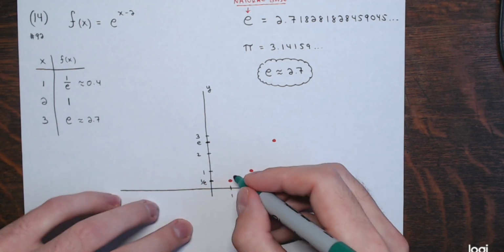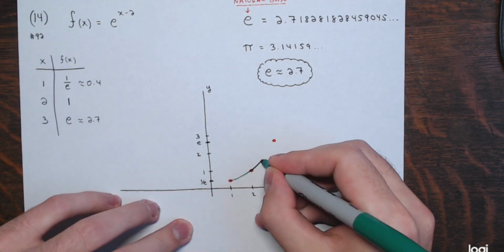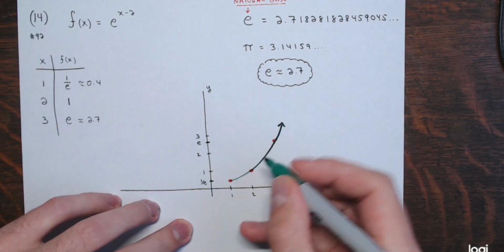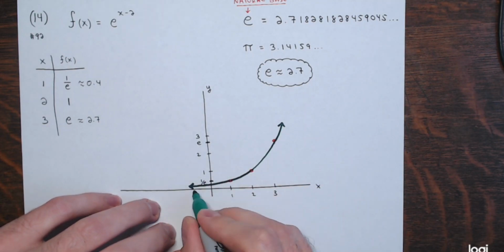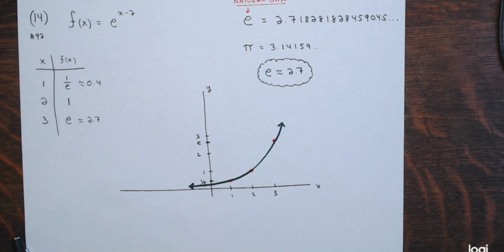This is an increasing function with the horizontal asymptote of the x-axis. It'll never hit the x-axis. Great, so the domain's all real numbers, range is all positive numbers, and it's an increasing function.